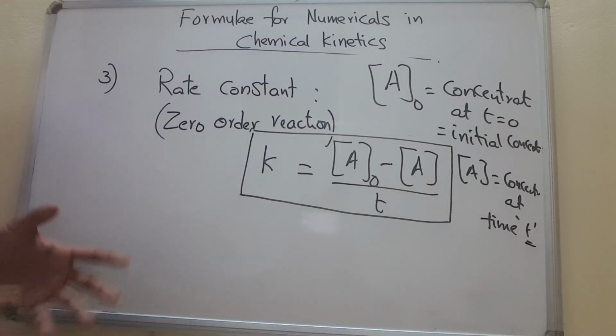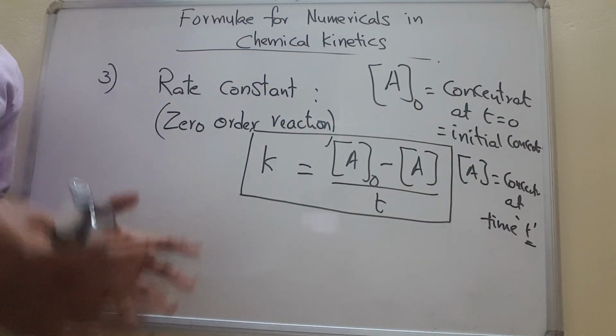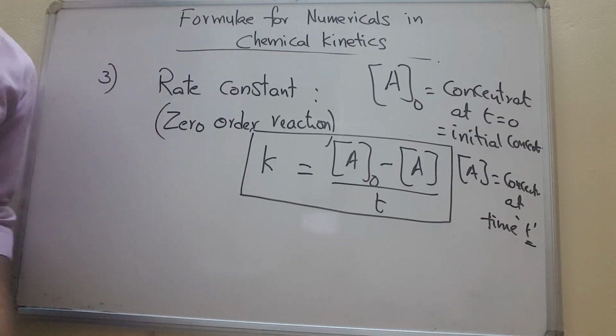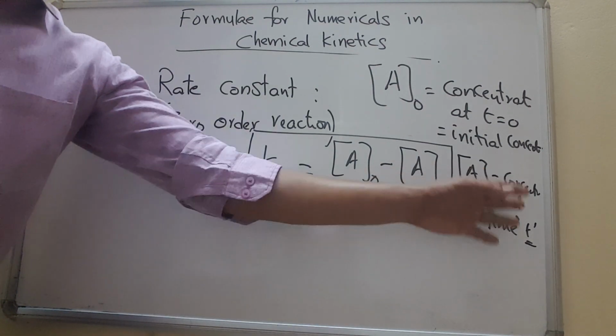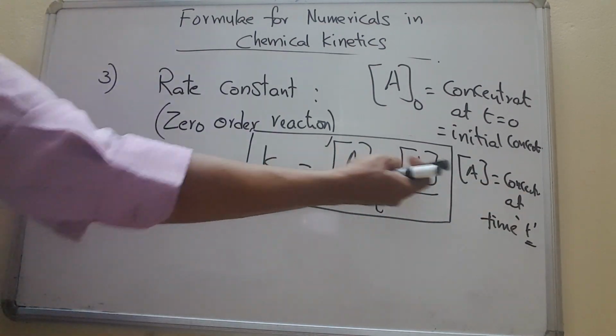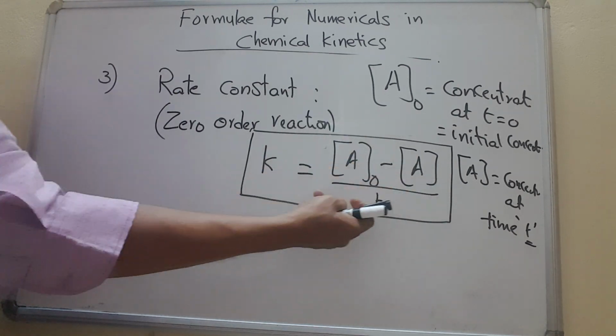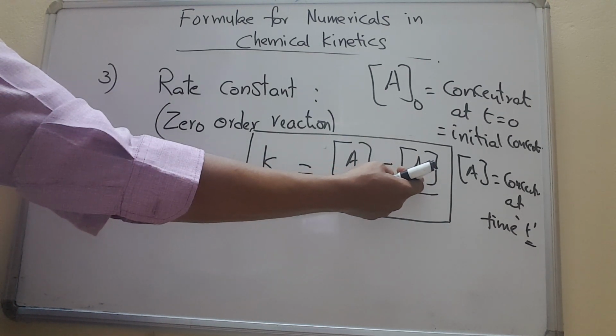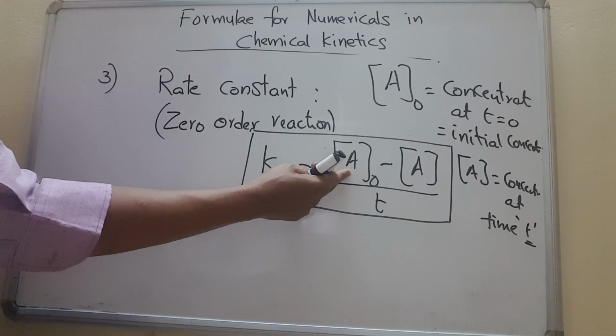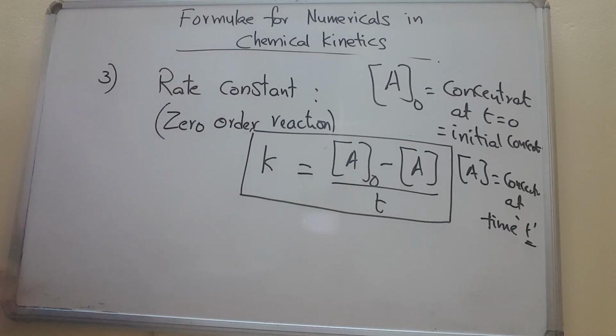Time t is equal to 0 means the reaction has not started yet, so it is the initial concentration of the reactant. Then A is the concentration at time t, at any given time. If you know both, the concentration at time t and the initial concentration, then you can get the rate constant for the zero order reaction.